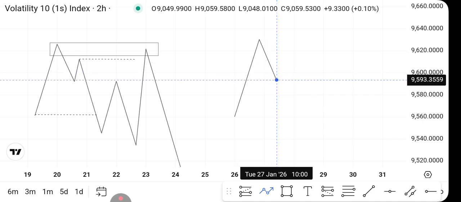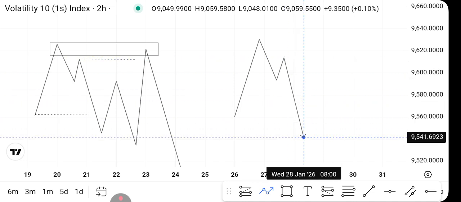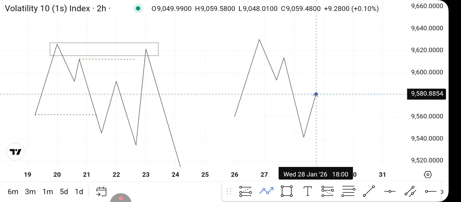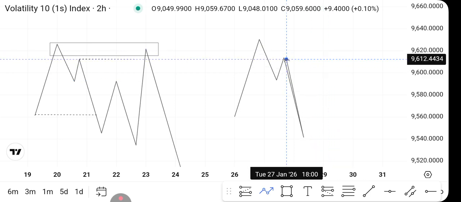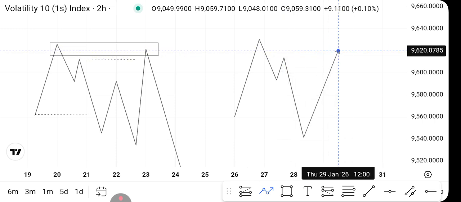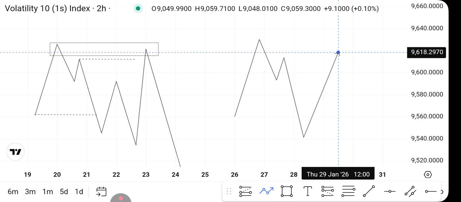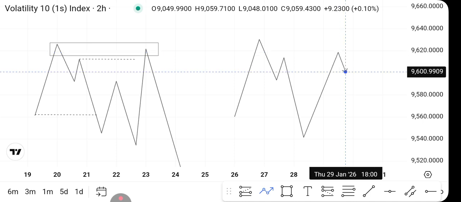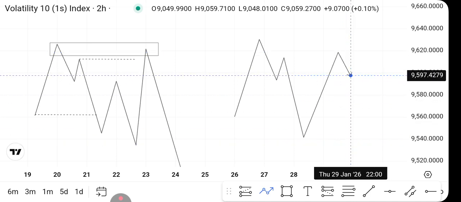You can still have the inducement together with the break of structure. The engineered liquidity most times sweeps the inducement. Sweep means it will just take it out, then move a little bit or much sometimes, right?